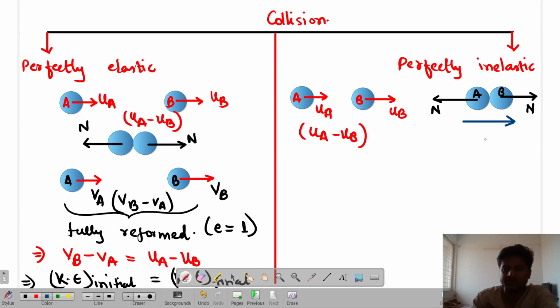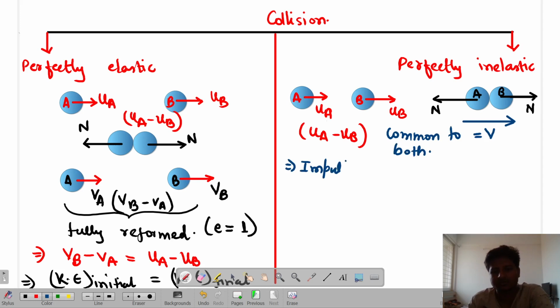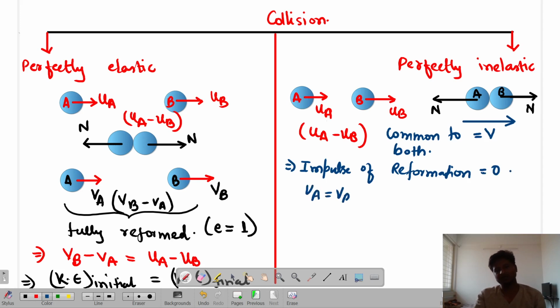They are still moving with which velocity? v, which is common to both. That means if it is common to both, then impulse of reformation is exactly equal to 0. That means v of A is exactly equal to v of B, which is equal to v. Are you able to get me or not?